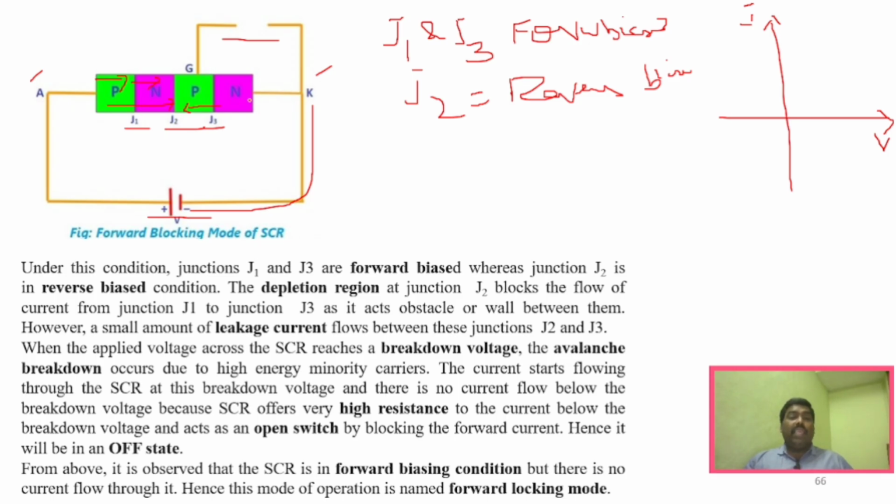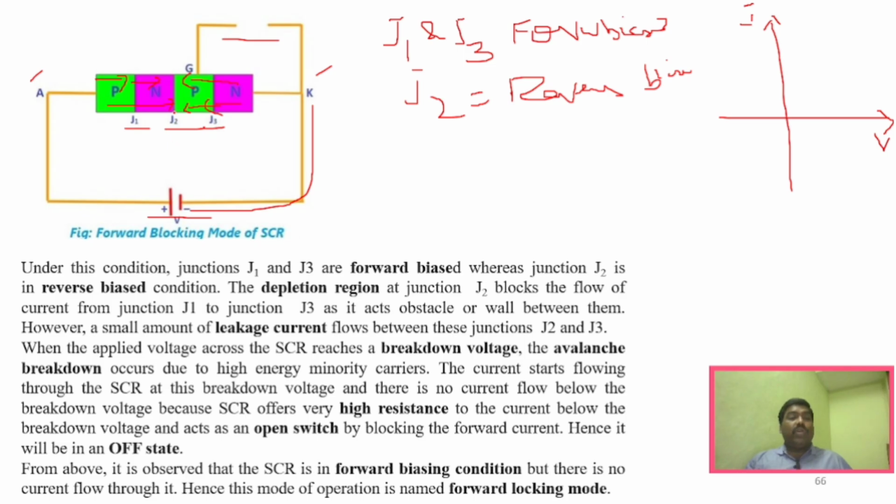Similarly, the electrons here, since we are giving the negative terminal on this side, will move towards the other side. So from the P region, the majority charge carriers, holes, will move towards the cathode, and similarly the electrons from the cathode will move towards the anode.